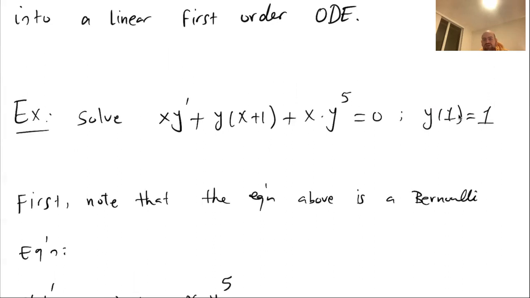If that solution is defined globally on minus infinity to infinity, that would be great, but otherwise it is still okay. Around 1, we need to have a unique solution, and we want to find that solution.